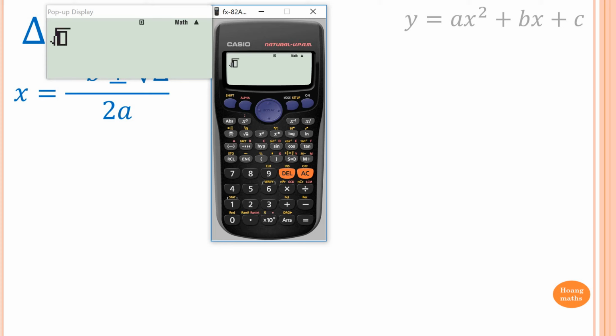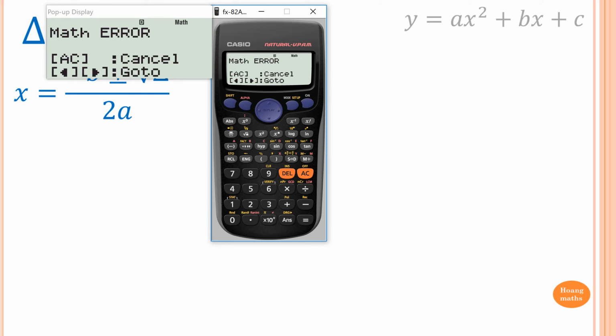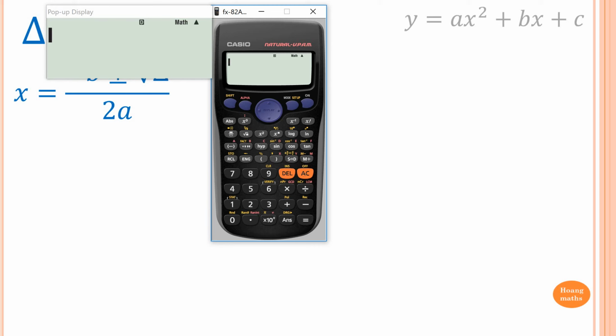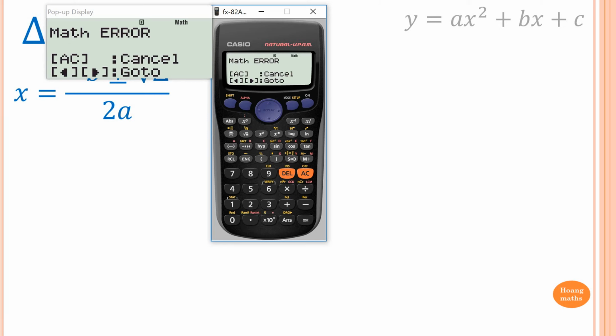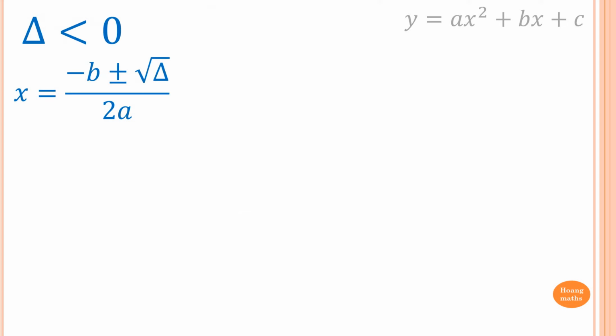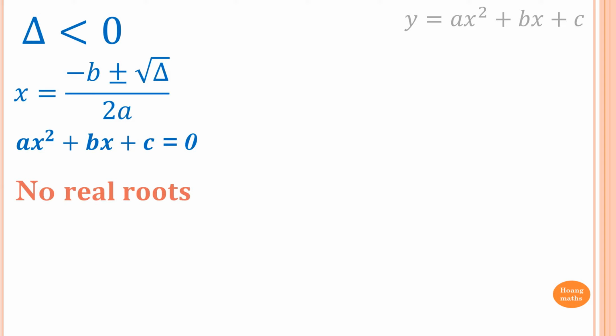Let me bring this up. Because the discriminant is less than 0, we have the square root of a negative number, let's say minus 6. See, math error. It's undefined, if you like. Or minus 7, for example. You cannot take the square root of a negative number unless you deal with complex numbers. Therefore, if the discriminant is less than 0, the quadratic equation has no real roots.